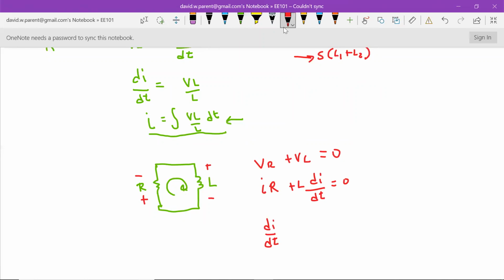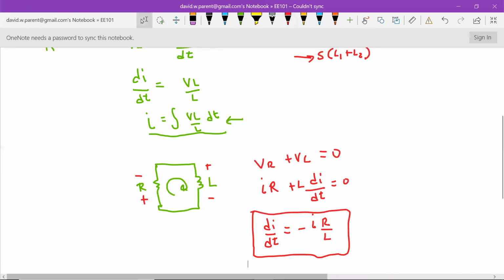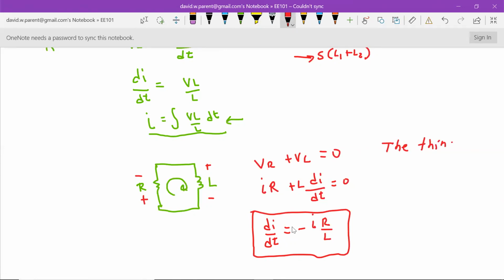So di/dt equals minus IR divided by L. And this relationship is essentially why I abandoned this method. And that could happen. But notice the thing, technical term, or I'm going to say it.